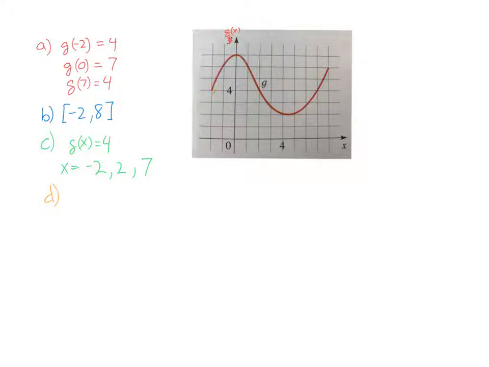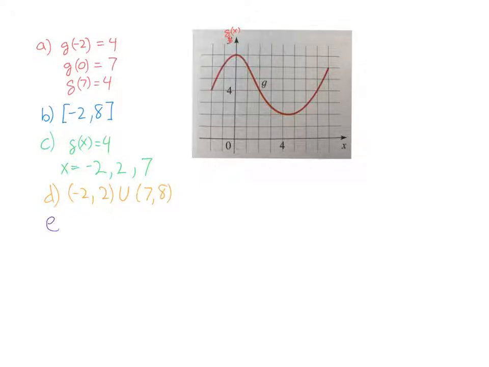So we're going to go from -2 to 2. And it needs to be bigger than 4, so we're not going to include -2 and 2 because that's where it's equal to 4. And then we're going to have another piece, right here, which is going to be from 7 to 8.